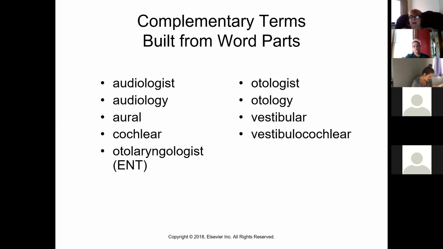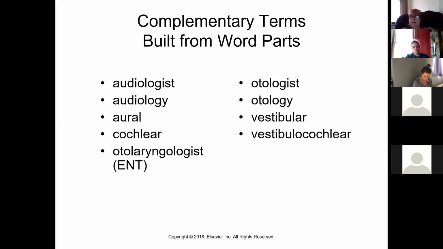Many times, problems with the ears are connected to problems with the throat and the nose. So they may have to go get all 3 areas checked out. I would say the otolaryngologists are the ones who do the surgery on any of those 3 areas, the ear, nose, and throat. And that's a little bit different than an otologist.